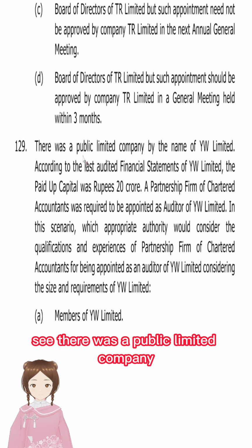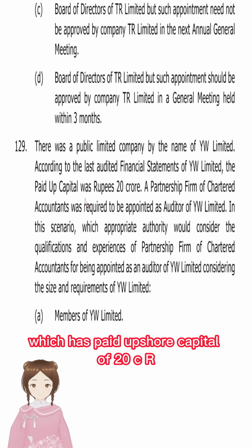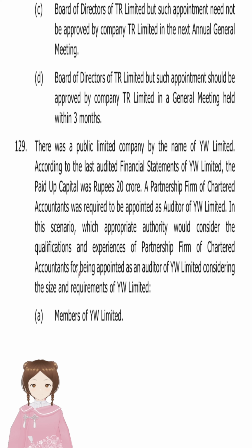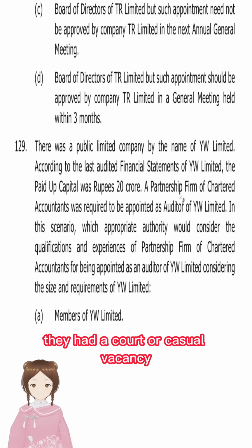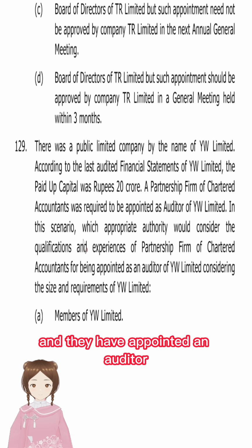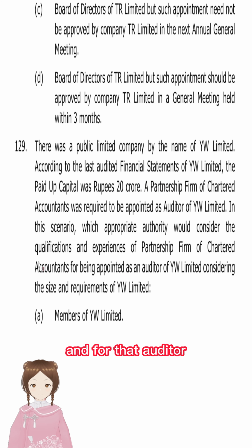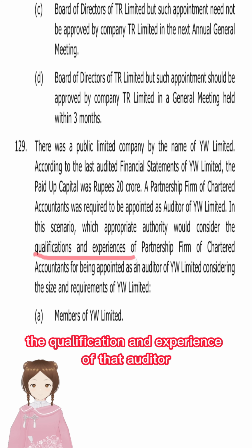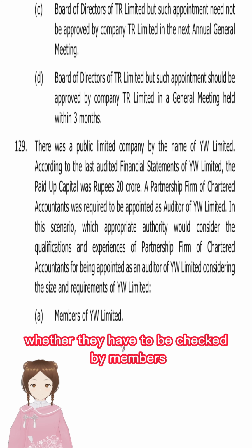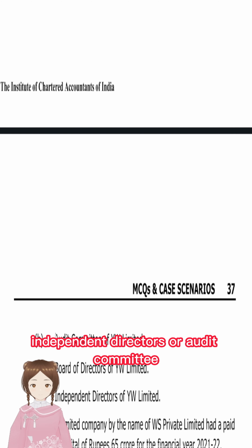You see, there was a public limited company which has paid up share capital of 20 CR. They had a casual vacancy and they have appointed an auditor. And they are asking who shall check the qualification and experience of that auditor: members, board of directors, independent directors, or audit committee.